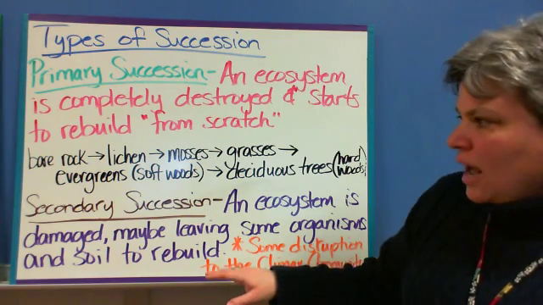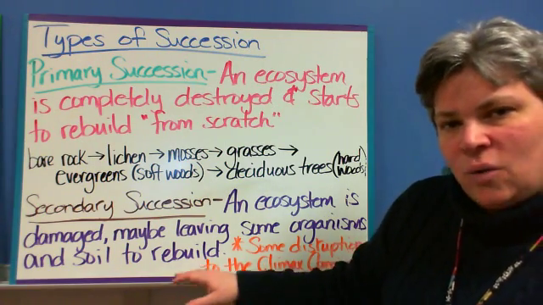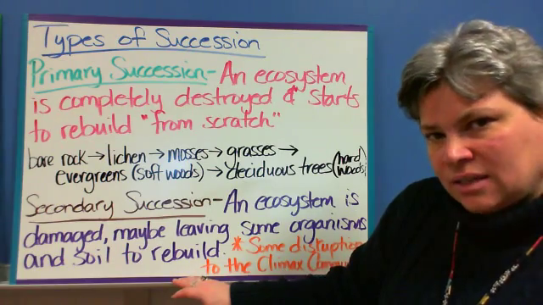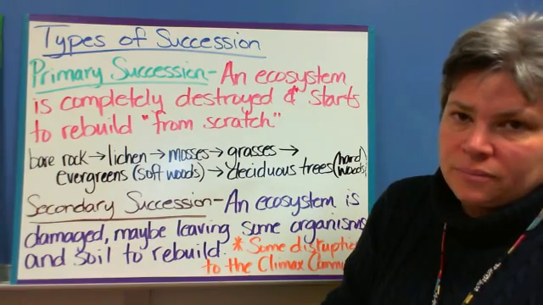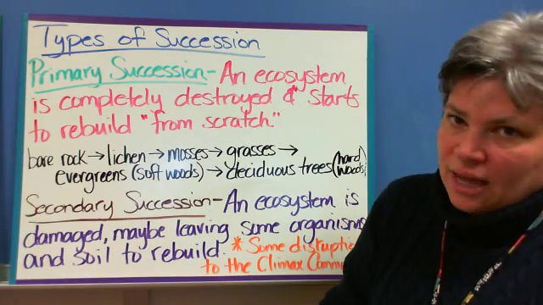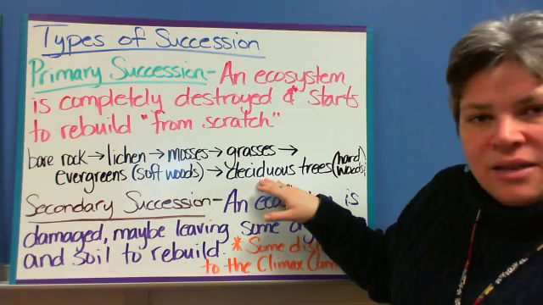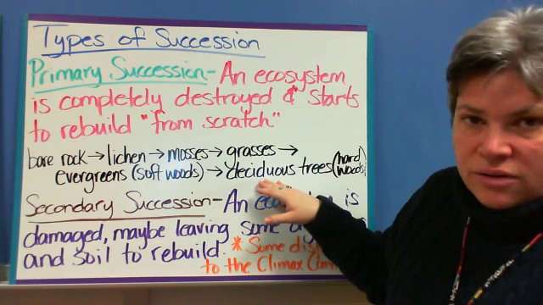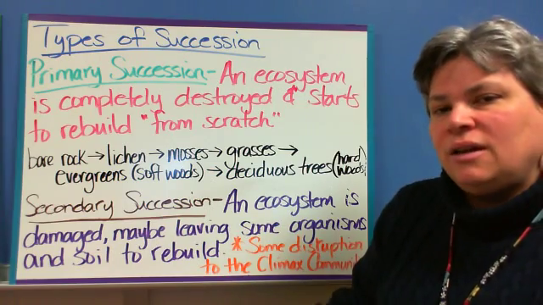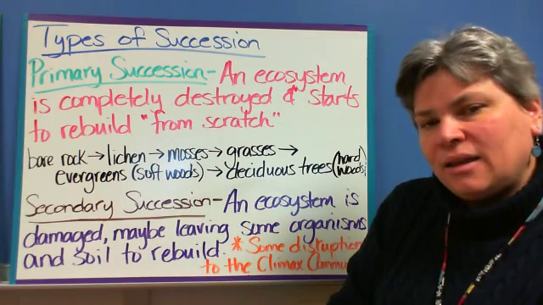So if you're not completely back to scratch, is it going to take as long for secondary succession as it takes for primary succession? No, probably not. But succession takes time. We don't get back to those big maple and oak trees overnight. Sometimes it can take hundreds of years, but the process is restarted, and we're rebuilding our way back to that climax community.